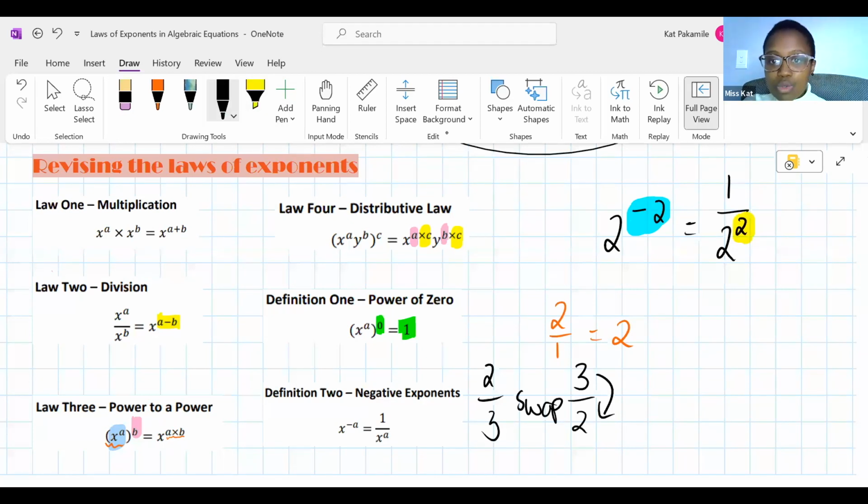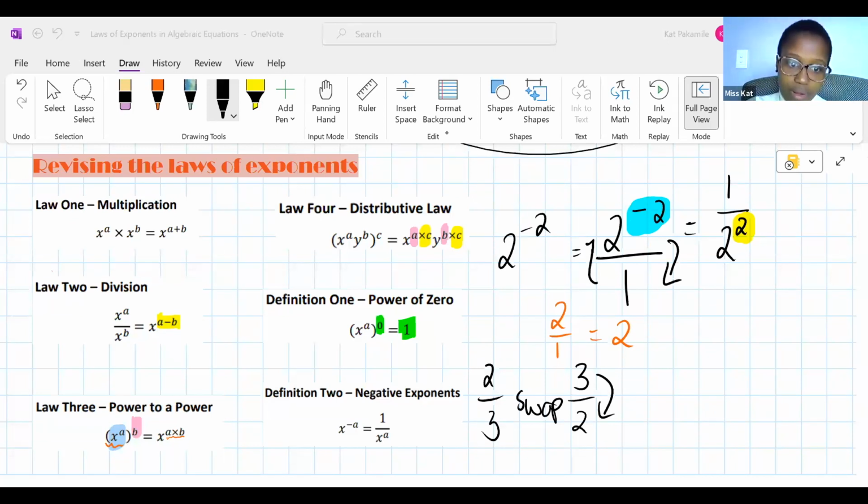Remember, 2 to the power of negative 2/1 is just the same as 2 to the power of negative 2, okay? Where it was the numerator, it has now gone down and become the denominator, and the 1 was a denominator and it now became the numerator. That is what law number, definition 2 says.